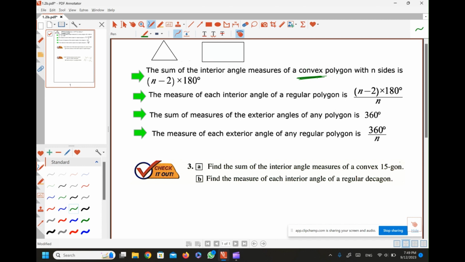Okay, so we know from previous years that the sum of interior angles of a triangle is 180 degrees, right? That's what we learned before. What you don't know is the sum of interior angles of other polygons.